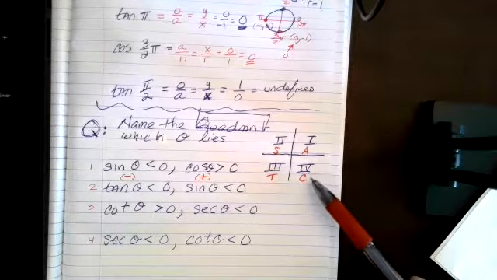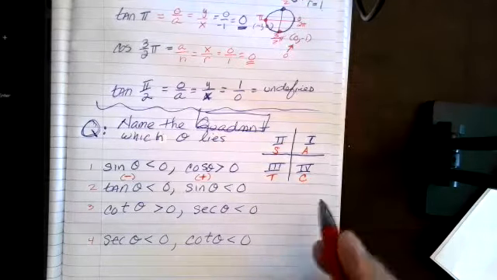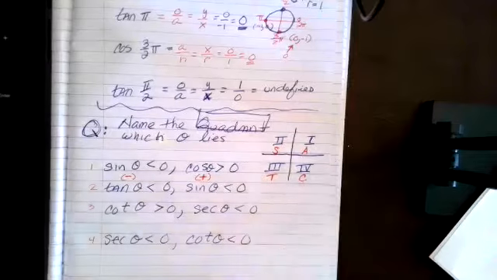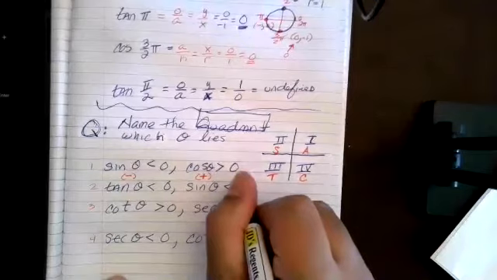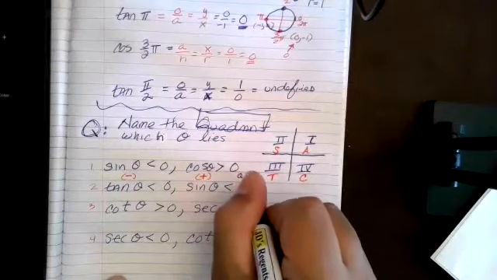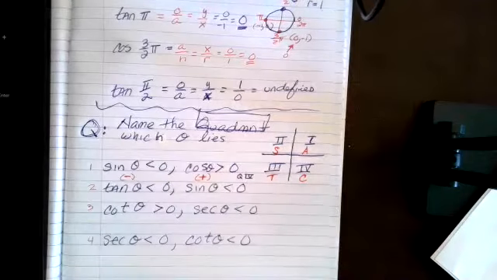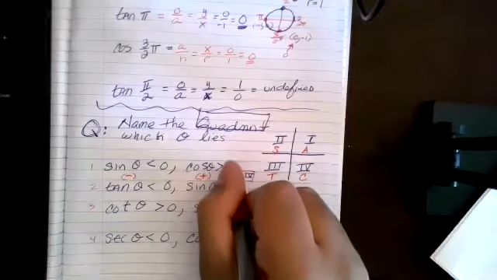Well, cosine is only positive in the fourth quadrant and the first quadrant, and sine is negative in this fourth quadrant, right? Sine is positive in the first quadrant. So our answer for this first one is quadrant 4. I don't have a lot of room. Getting sloppy. So that's my answer.